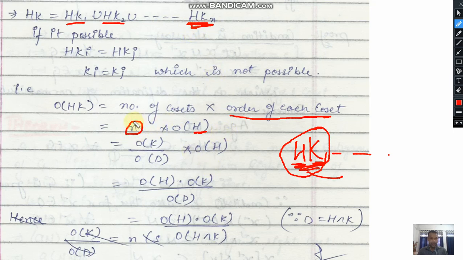If you use the Lagrange theorem, the value of n is equal to OK upon OD, where D is the intersection of these two subgroups. So this will be equal to OH into OK upon the order of D, where D is the intersection of H and K. Hence, the order of the product of two subgroups will be equal to the product of their orders upon the order of their intersection.